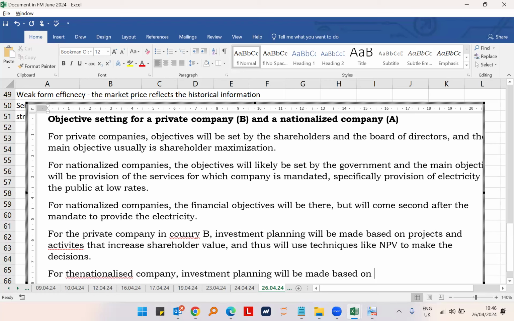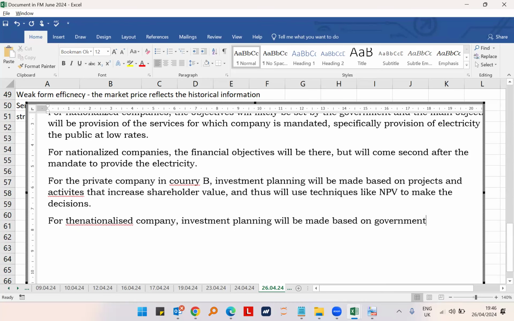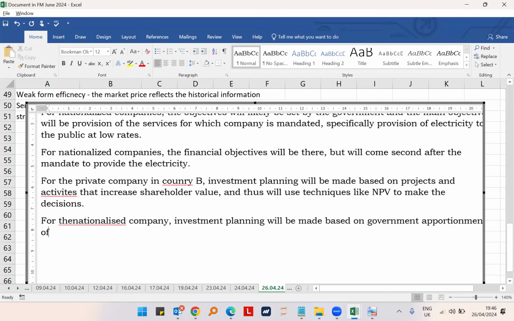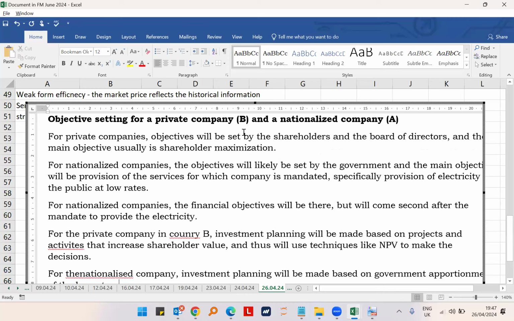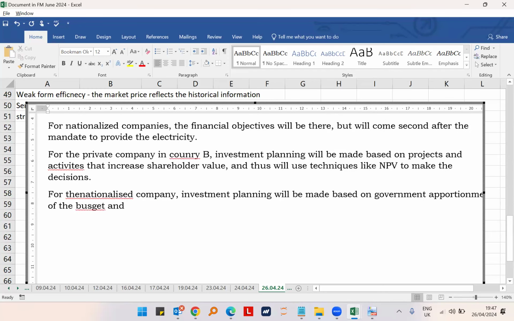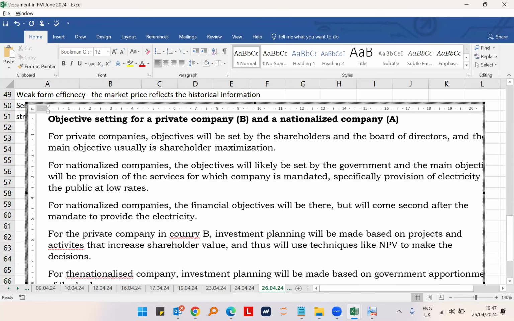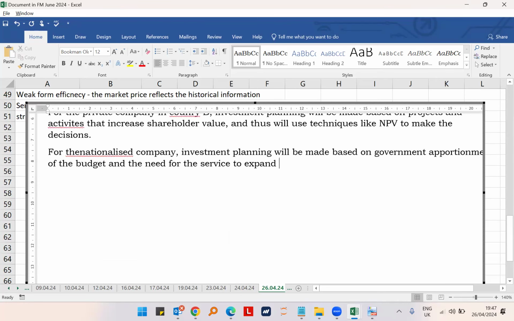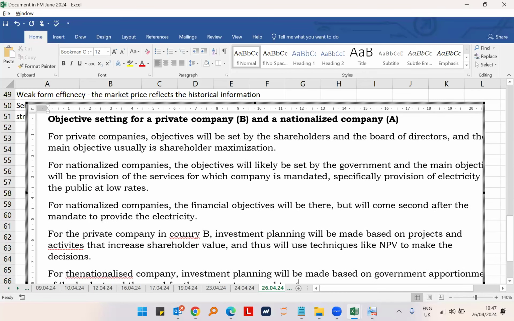Okay, so it will be based on government apportionment of the budget, and the need for the service to expand to other regions.